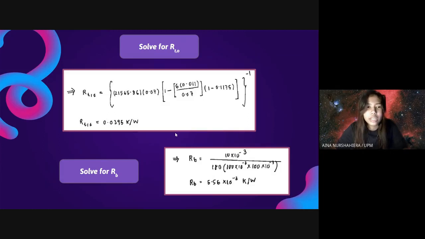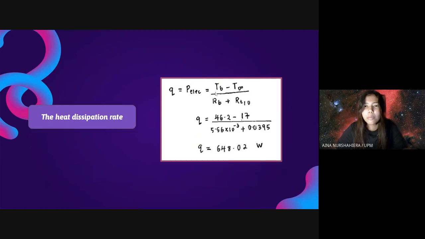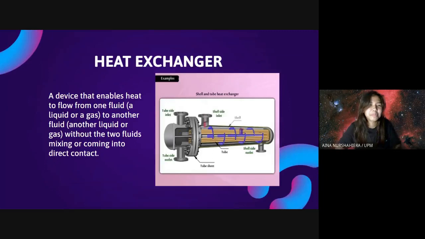And now that we have T_b and T infinity with these two resistance values as well, we can now get the heat dissipation rate by substituting it into the thermal circuit relation previously, and we get the heat dissipation rate of the heatsink to be 648.02 watt. Okay, that is all from me. Thank you.